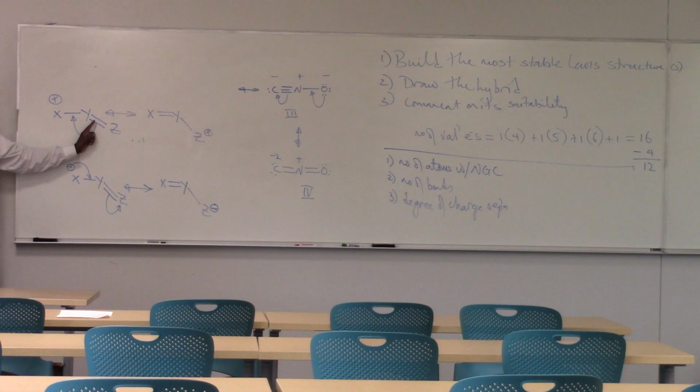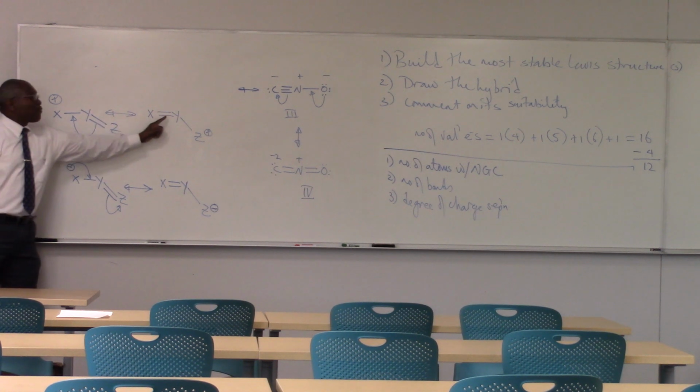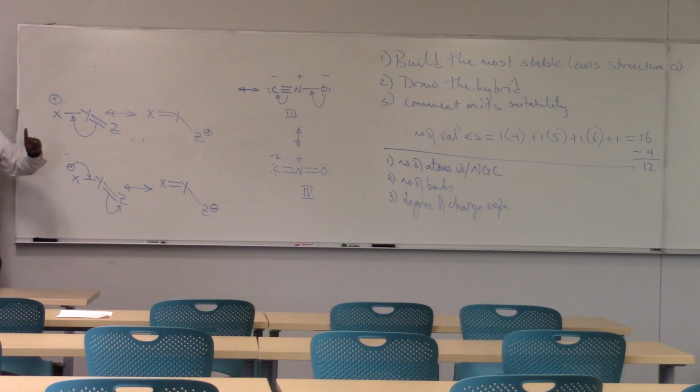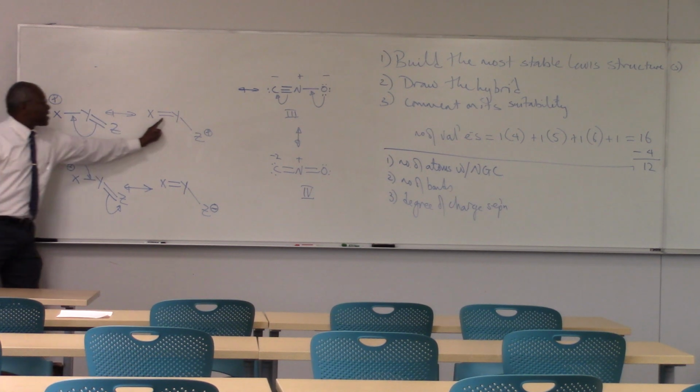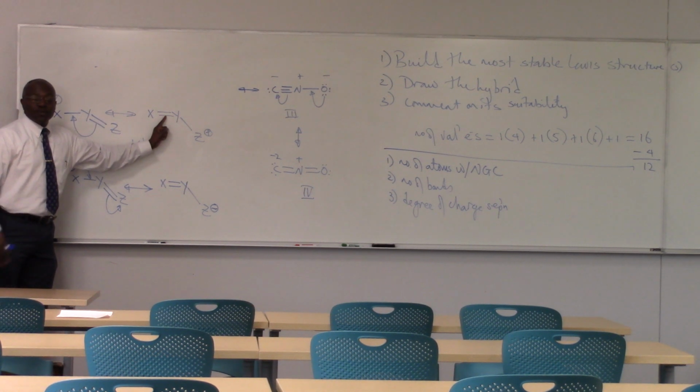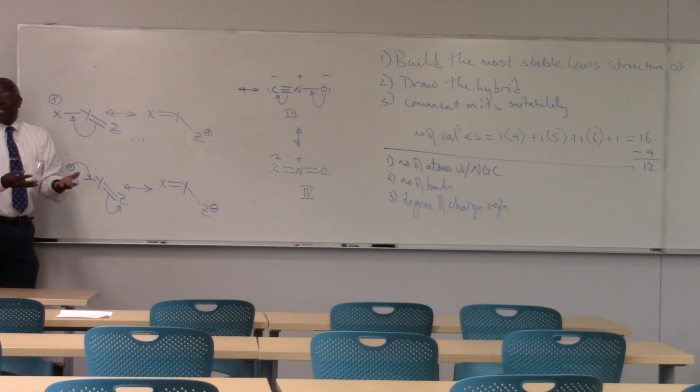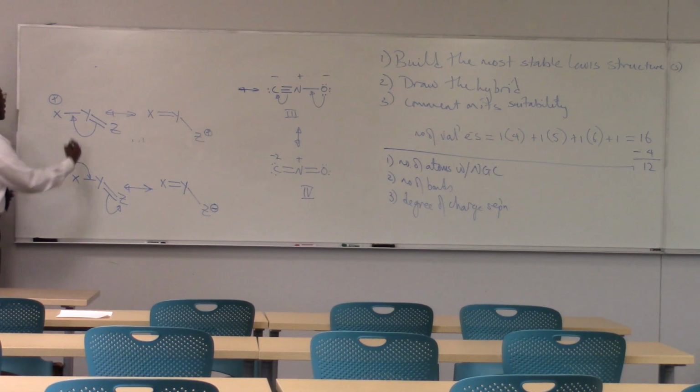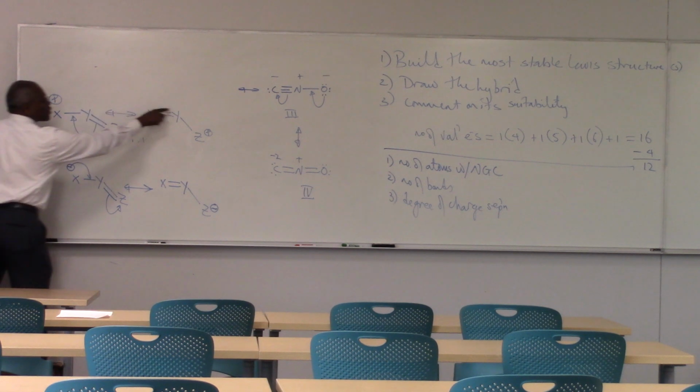The Y has an electron in this bond, but that bond is going. It's okay, because now the bond is formed here. So the electron that Y invested in this bond is still here. So Y isn't losing anything, it's not gaining anything either. It's just transferring from here to here. So the charge on Y does not change.